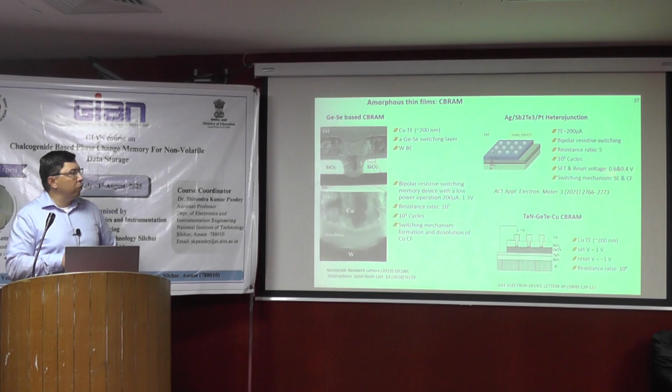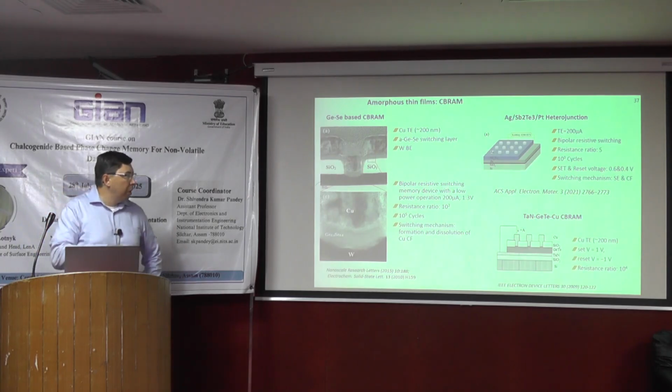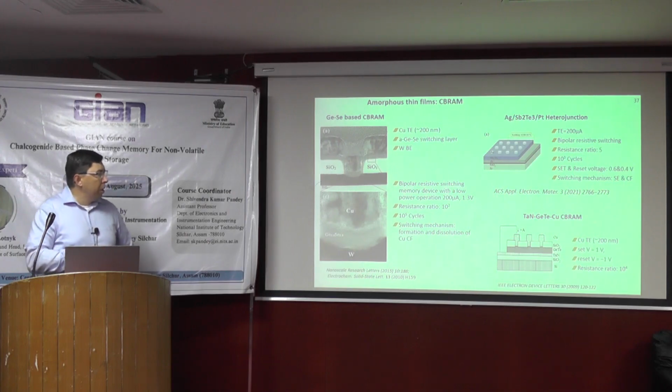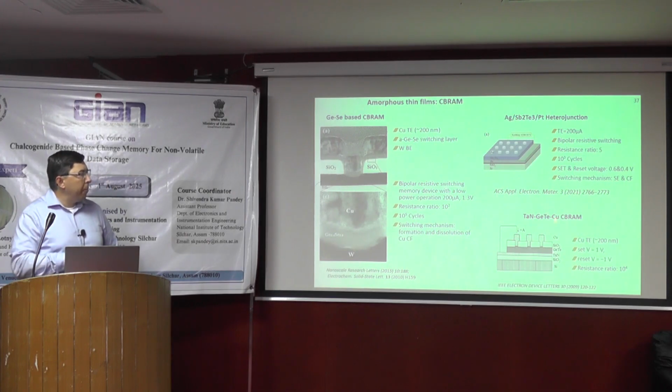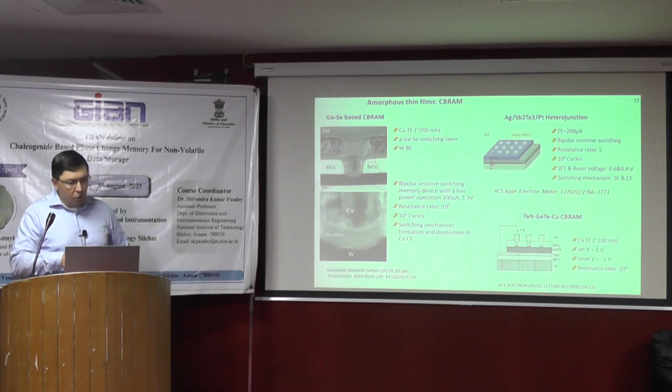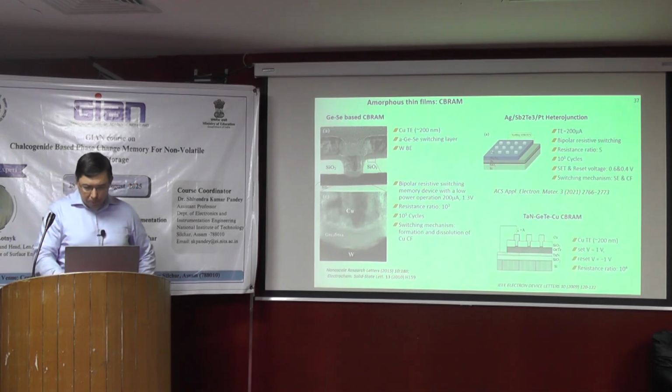Set and reset voltage is also low, and the switching mechanism is also based on formation and dissolution of silver filaments. In the area of germanium telluride, you can also use copper as electrode, and then you also get nice values for set and reset, like plus minus volt, and it's also bipolar switching, and the resistance ratio is 10 to the 4, also nice.